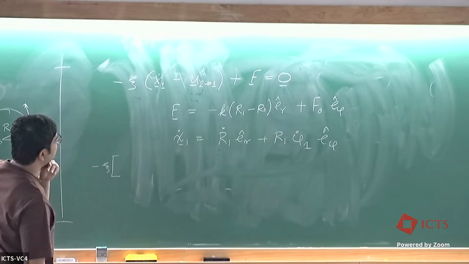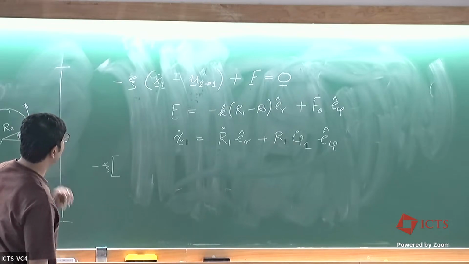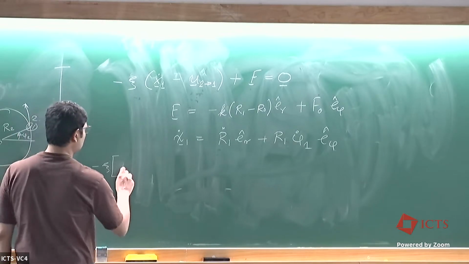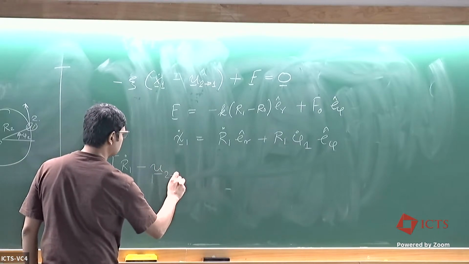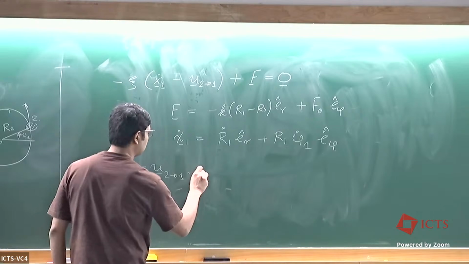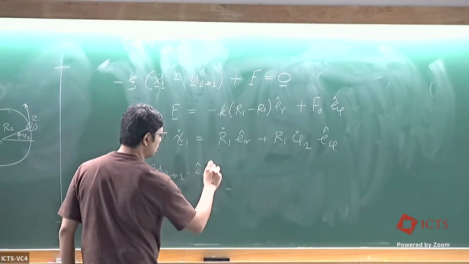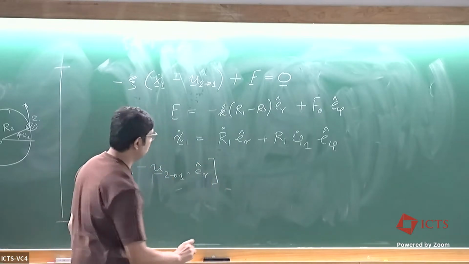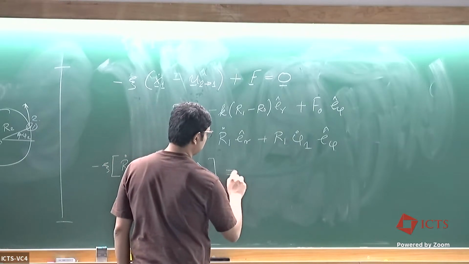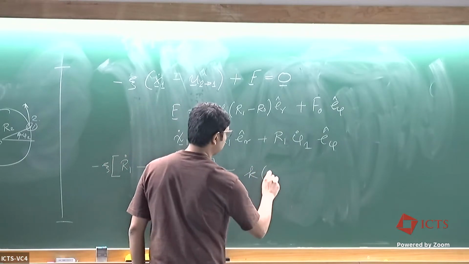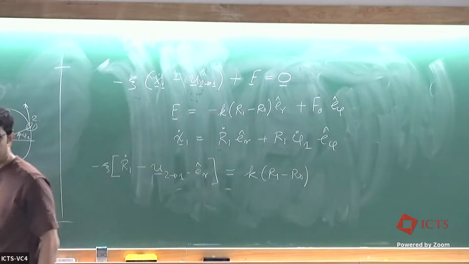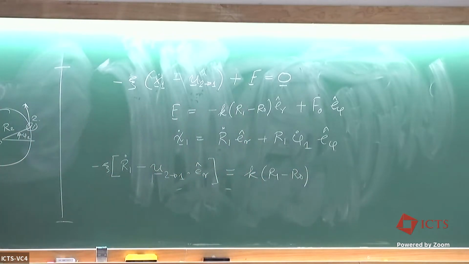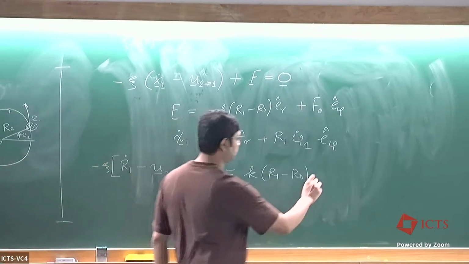So if I project it in the radial direction, I will get R1 dot minus U21 times e hat R. That's the radial direction, okay? So that's a radial projection.